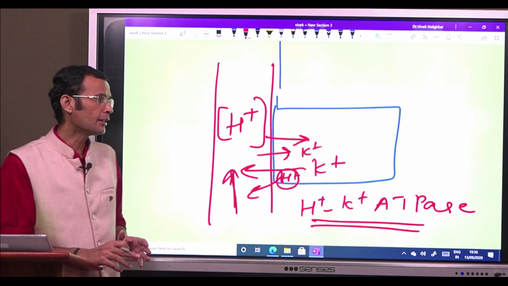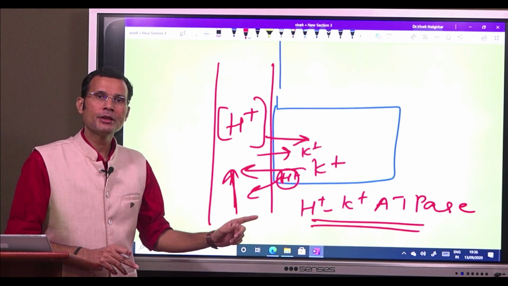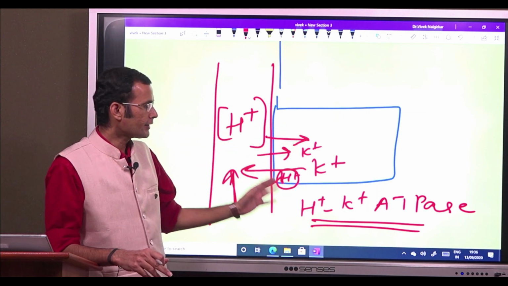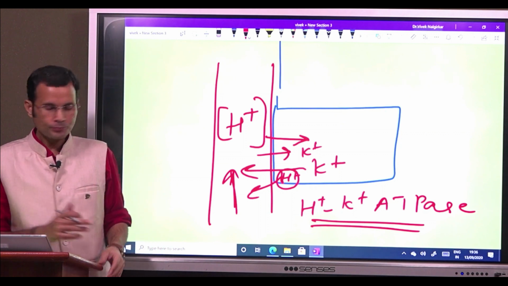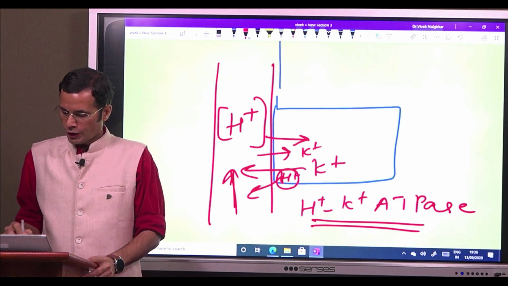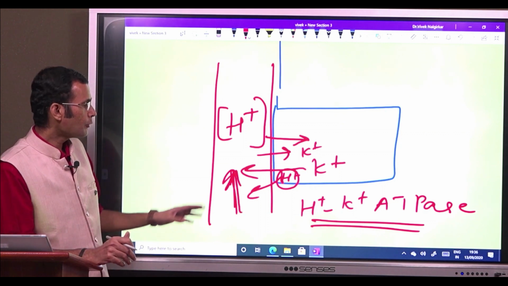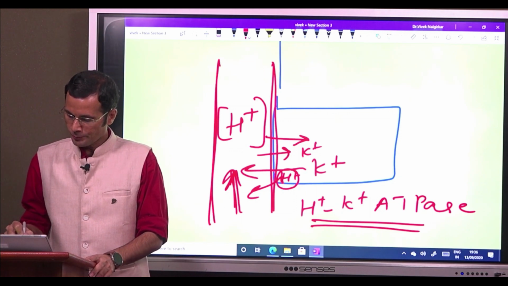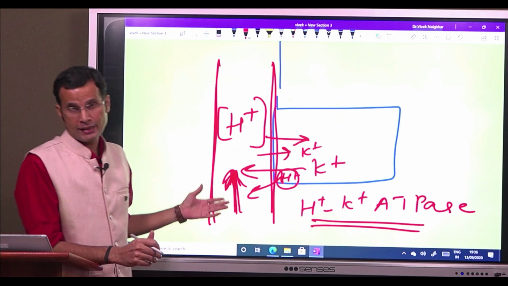I repeat once again, if there is hyperkalemia, we can make use of this activity of the H plus K plus ATPase pump. Sodium bicarbonate is given intravenously. It comes into the bloodstream. Now this is an alkali.